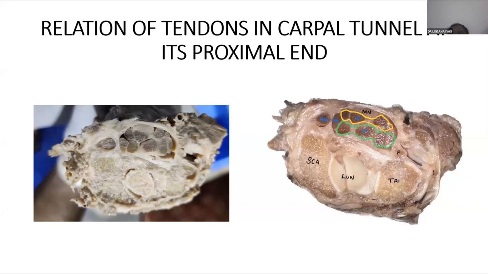Here you are able to see all the flexor tendons, mainly flexor digitorum superficialis and flexor digitorum profundus, and laterally flexor pollicis longus and flexor carpi radialis. This is the attachment of the flexor retinaculum. Beneath the flexor retinaculum, we are able to see the median nerve.